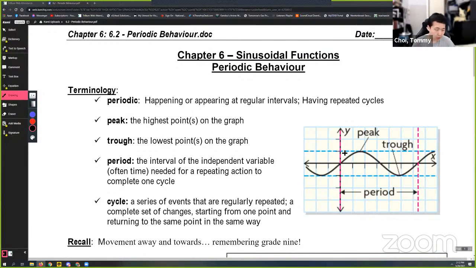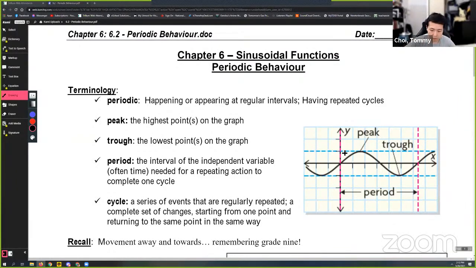So there's a couple of important terms that you need to know. If you need to write this down somewhere else, to practice and memorize, it's good for you to know. So the first term is called periodic, and periodic is something that happens or appears at regular intervals. And so it repeats multiple times, kind of like if we were to think about an old slinky.